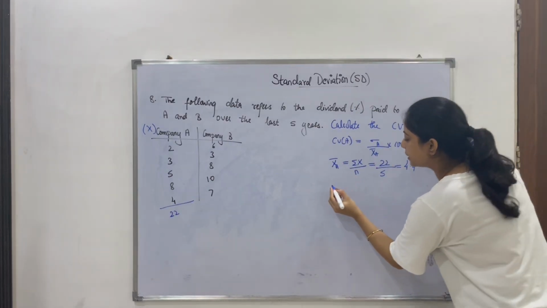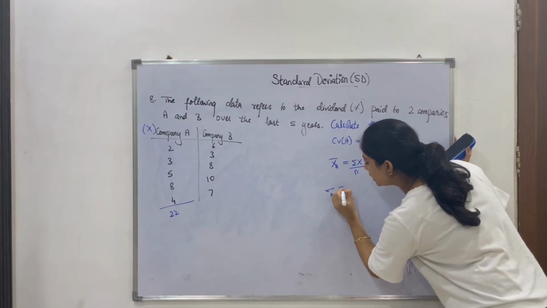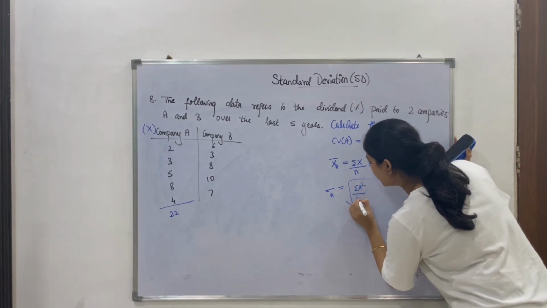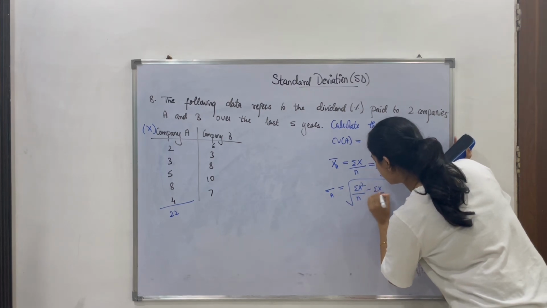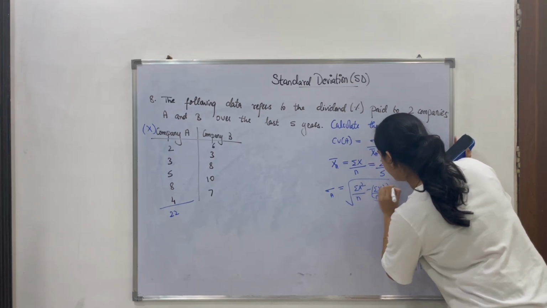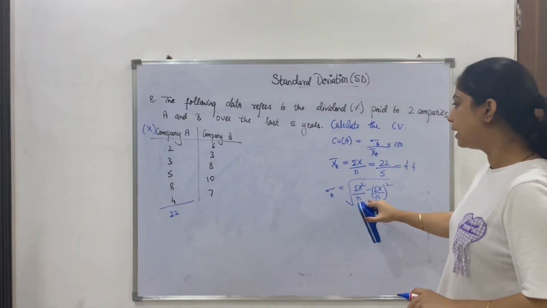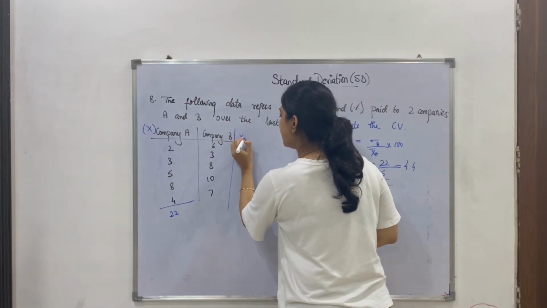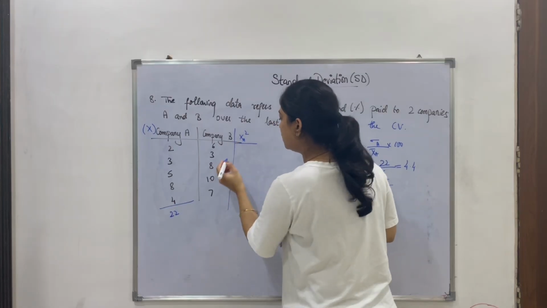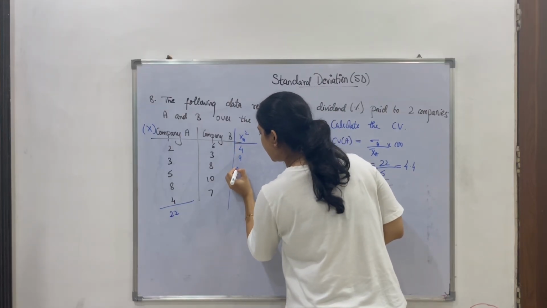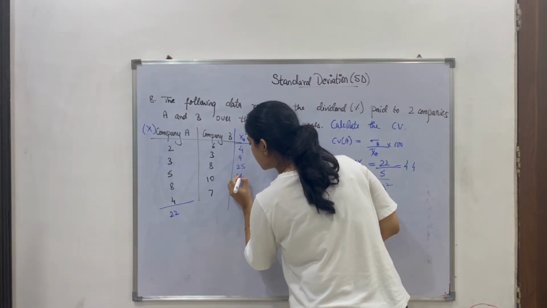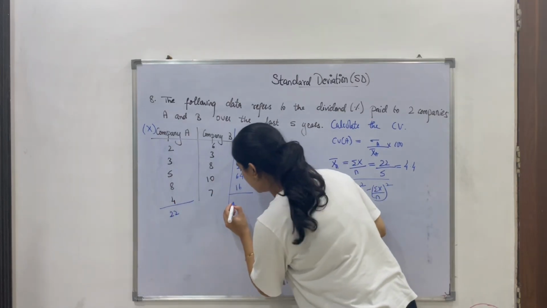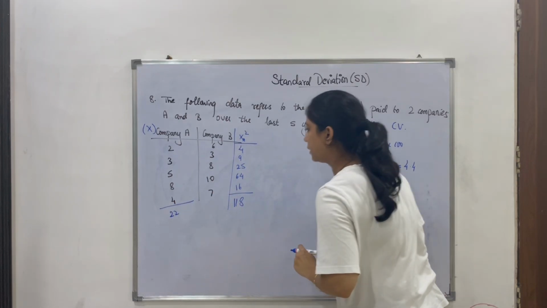Now we need to calculate the standard deviation for company A, which is square root of summation x square upon n minus summation x by n the whole square. Now for this we need to again take x square column. So we will be taking x square column for company A, which is 4, 9, 25, 64 and 16, and total of this, which is 118.